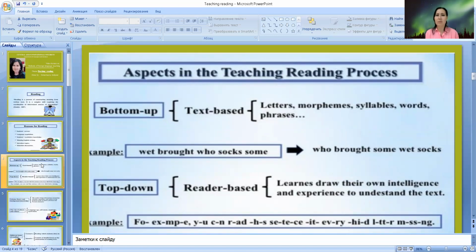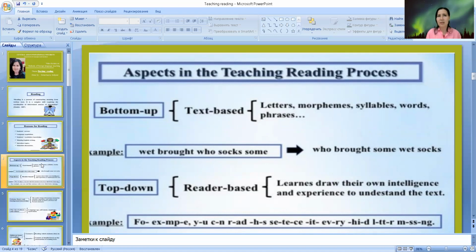The reader is who? For example, we are students and pupils; they are the readers. In bottom up, we pay attention to the text. The second, reader based: learners draw on their own intelligence and experience to understand the text. For example, they can shortly write the words. It may be a lecture.